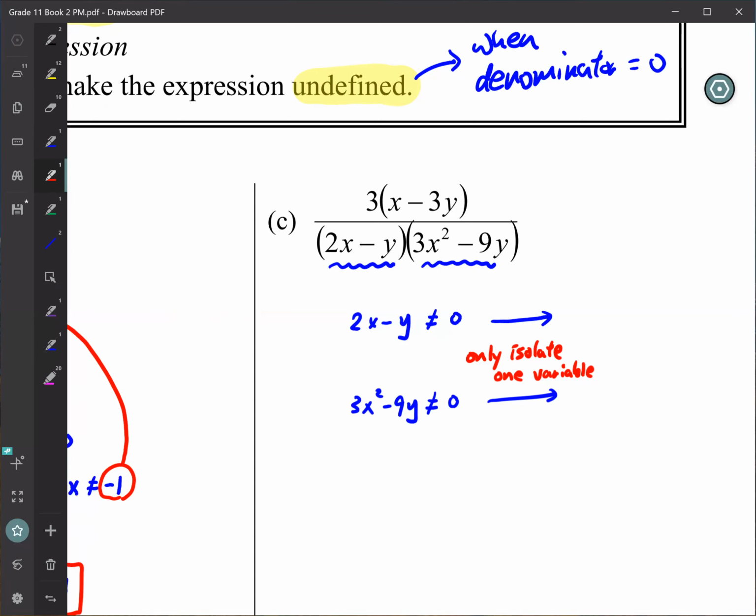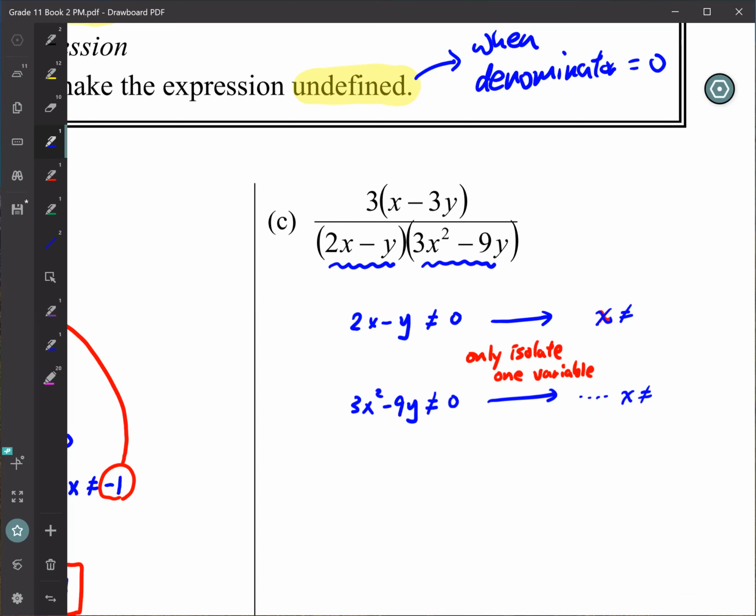P and Q, you isolate P. P, Q, R, S, T, you just isolate the one that comes first. So for this one, we'll isolate the x, and same thing with the other factor. That means your restriction will have x cannot equal something with y. You will have variables instead of just numbers.